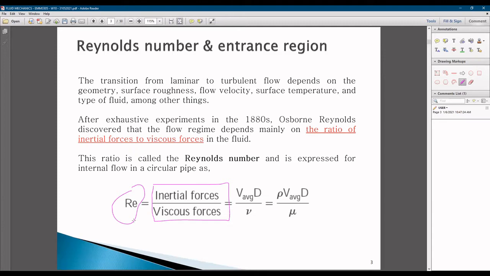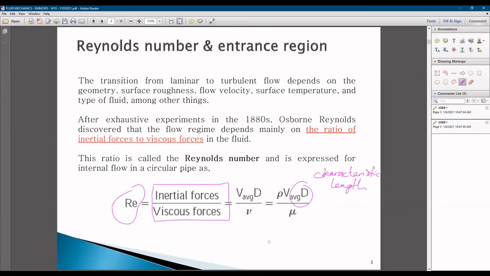And it is also equal to rho, which is the density, multiplied by the average velocity, V average, then multiplied by D. This D here is the characteristic length.